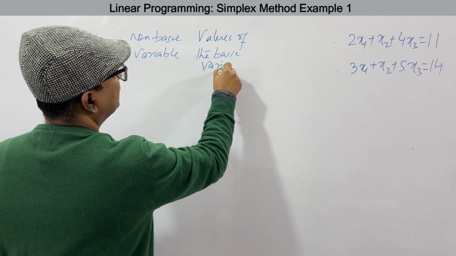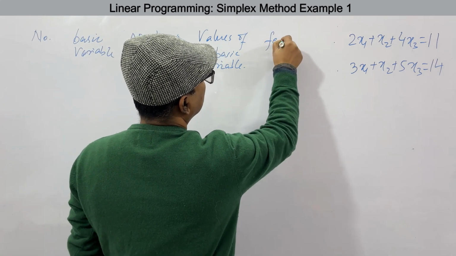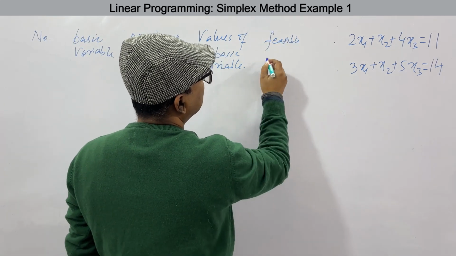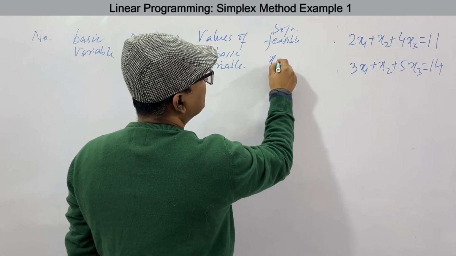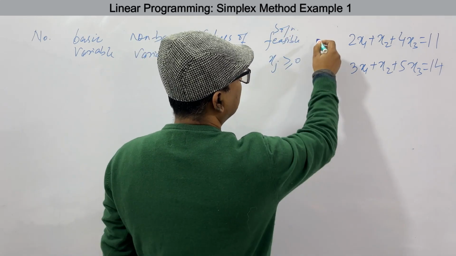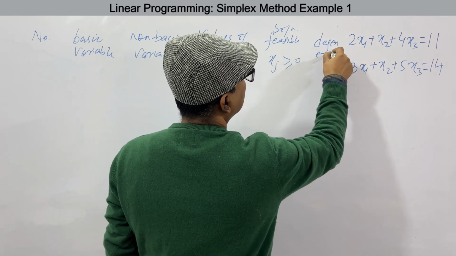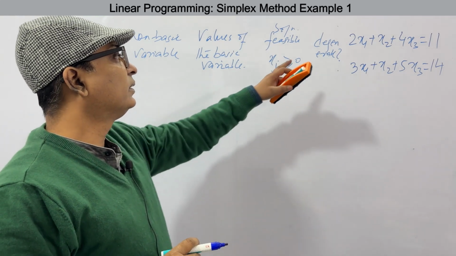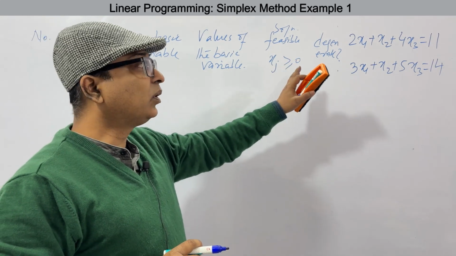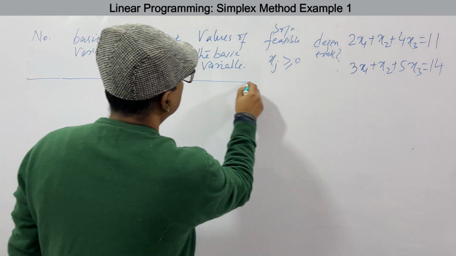We'll just see. Now, there are two questions. First, is it feasible? Solution feasible means your x should be greater than or equal to 0. And second is whether the solution is degenerate. Degenerate means that this should be non-negative. Let's see, step by step we'll understand.